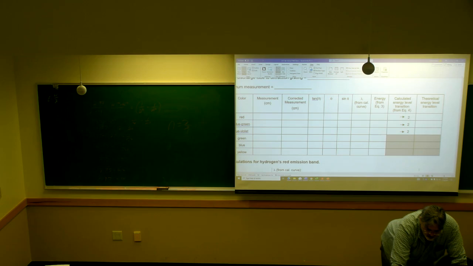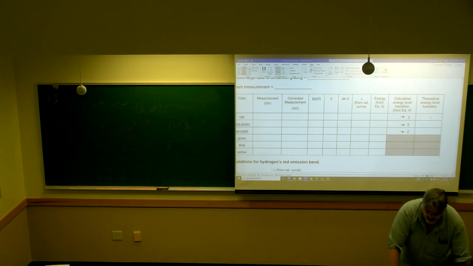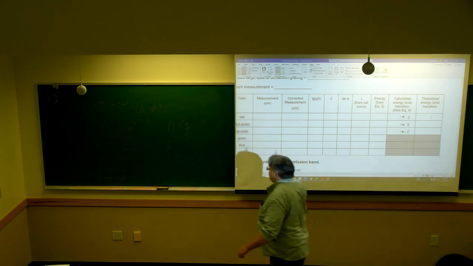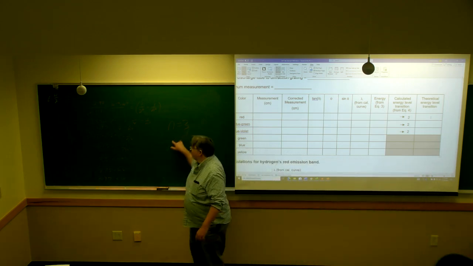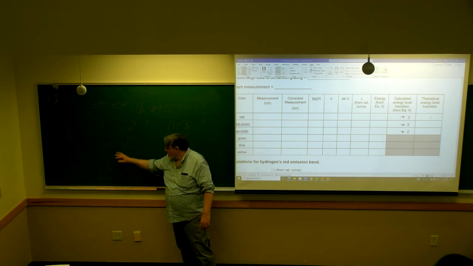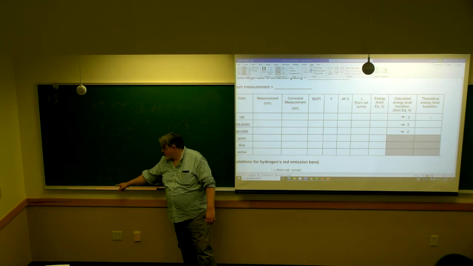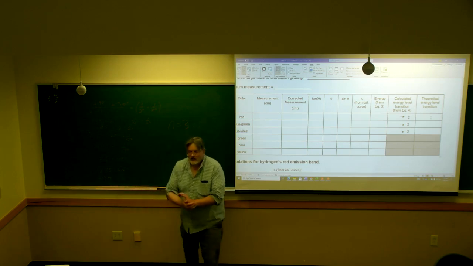Theoretical energy level transition. I guess you don't enter anything in this column, and over here, n equals 3. That very last column, you just write n equals 3. And yours should come out to n equals 3. Your math will be off just a little bit at the end, but you should round very close to a 3 there.